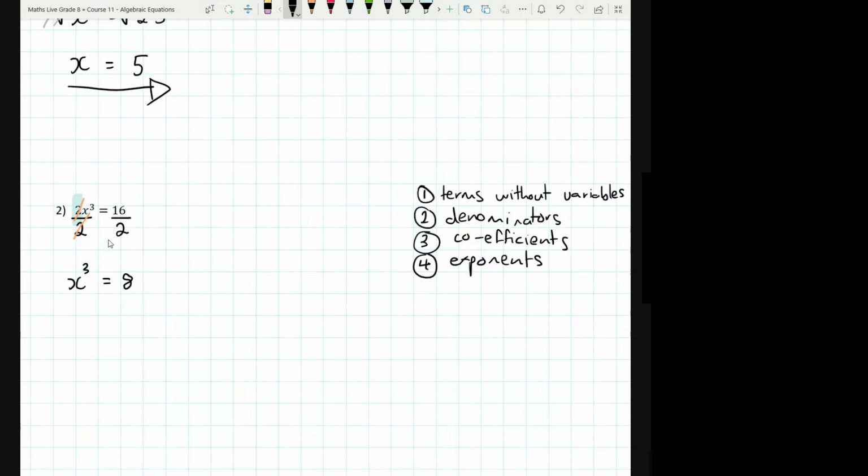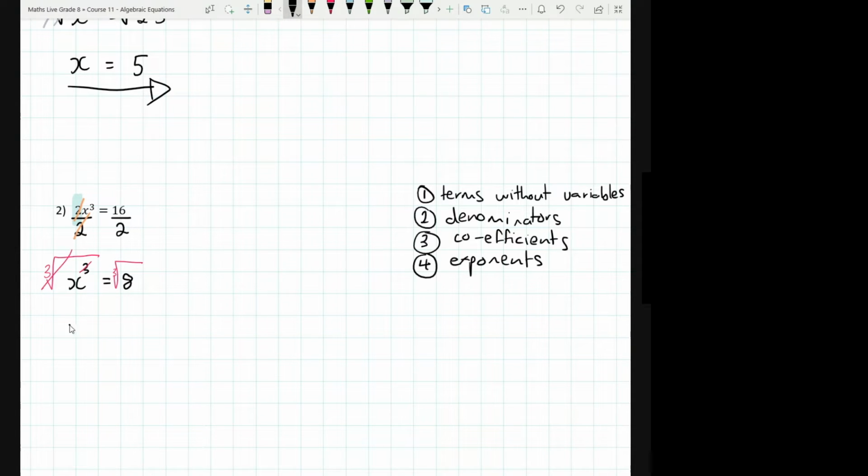Now that we have x cubed by itself, now I can go and say, okay, I need to get rid of this cubed. The opposite of a cube is a cube root, not a square root, but a cube root. And so because I cube rooted the one side, I must cube root the other side. On this side, my cube and my cube roots are going to cancel each other out.